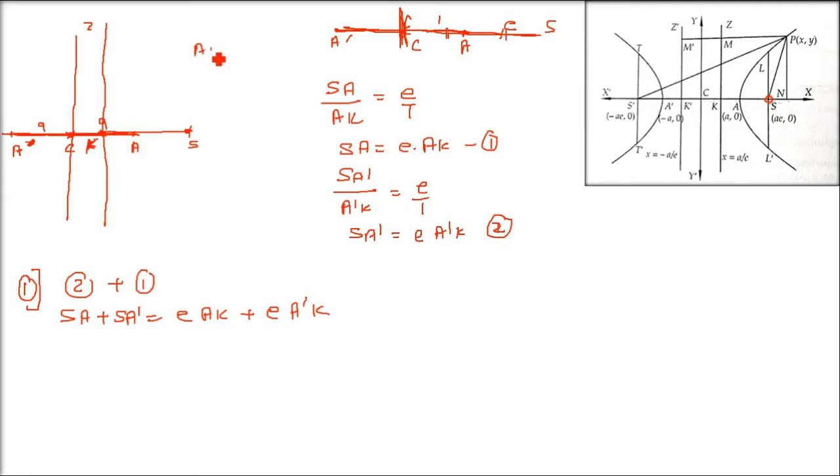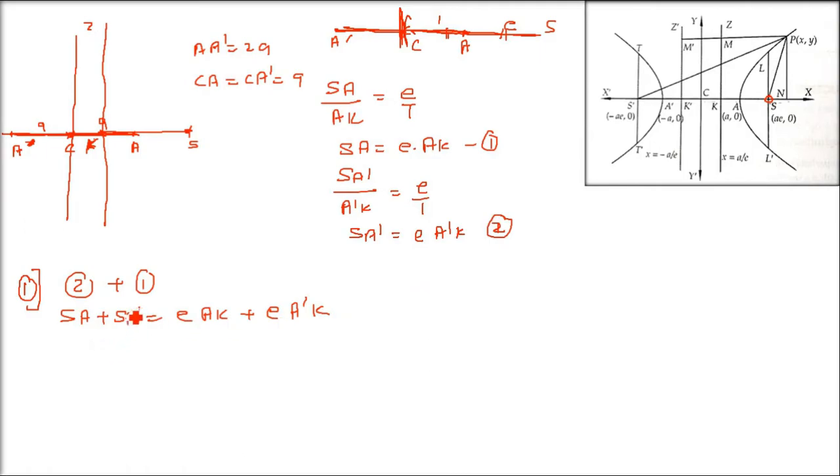So AA dash is 2a, such that CA and CA dash are independently equal to a. If you add CA and CA dash, it will be AA dash, which we are taking as 2a. This point is very important because all other derivation will depend on this.